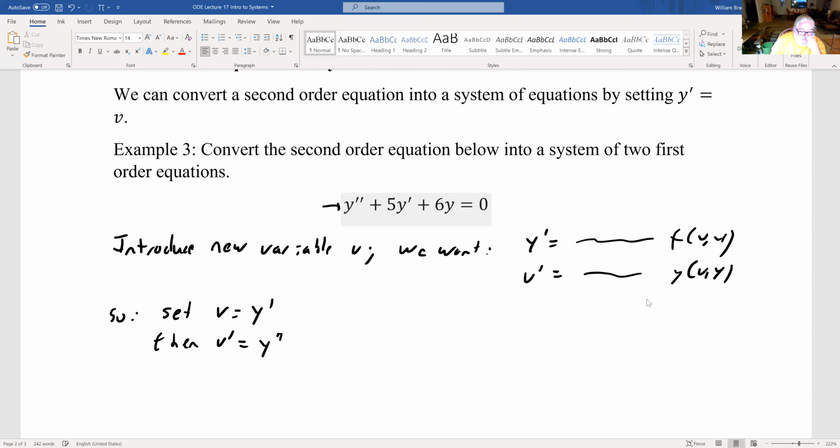But from this equation, y double prime is equal to minus 5y prime plus 6y. But we've set v to be y prime, so that's equal to minus 5v plus 6y.